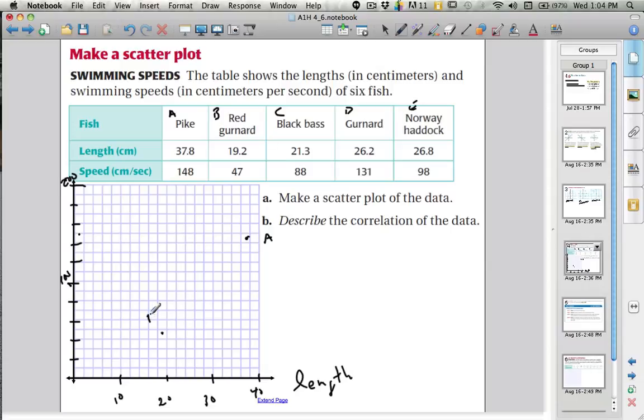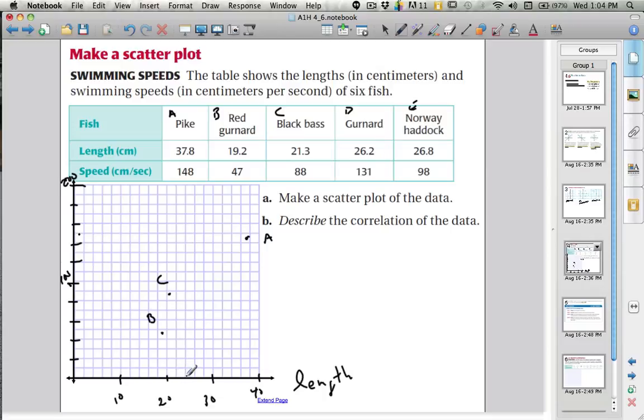And that's point B. My black bass is a little over 20, and it's about 88. So that's 80. This is about 90. So it's just a little over 20 and a little under 90. That's point C.